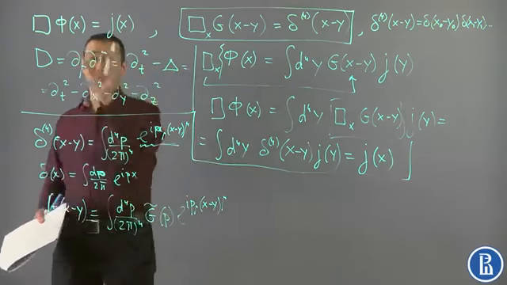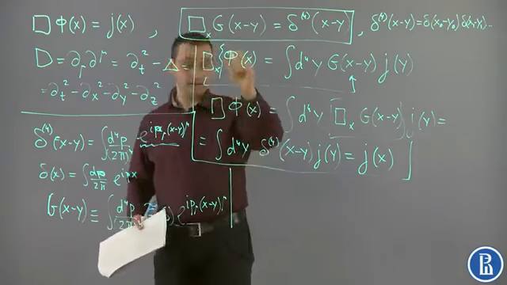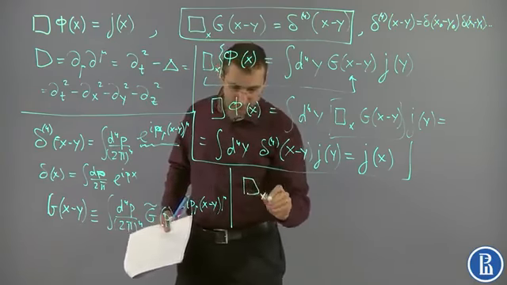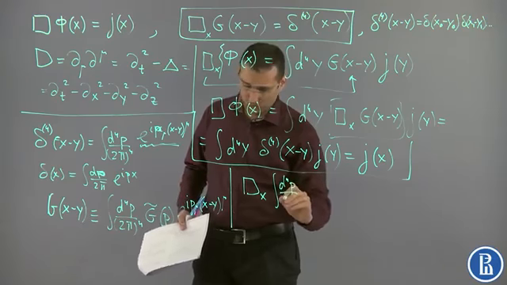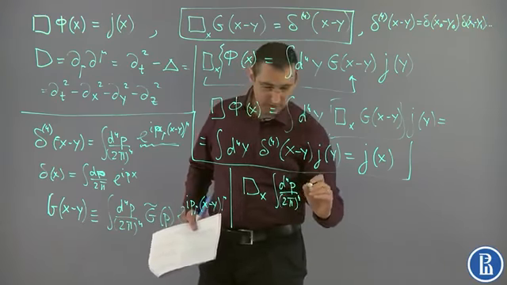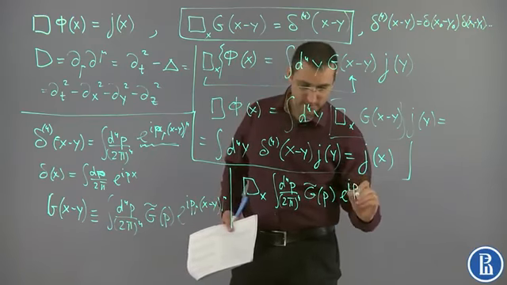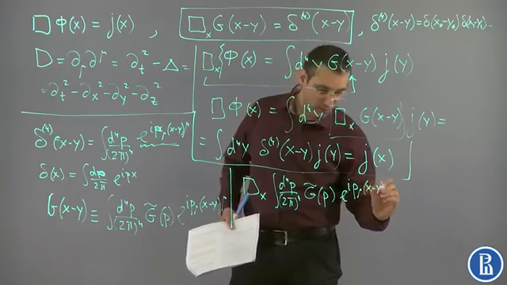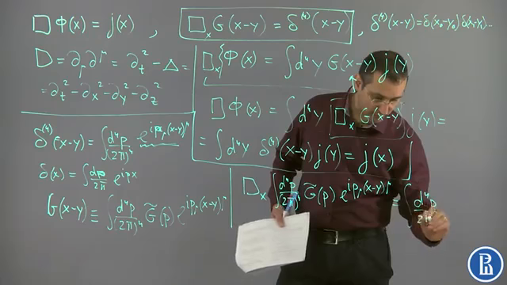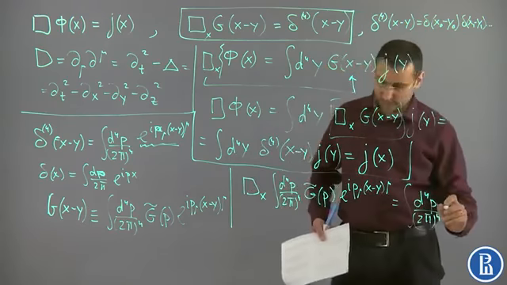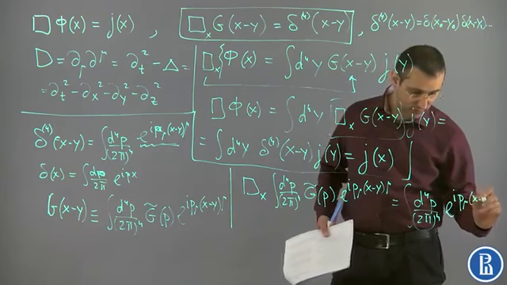Now, plugging this here, this here, and this here, we obtain the following: the D'Alembertian acting on the integral over d4p over 2 pi to the fourth, g twiddle of p, exponent of i p mu x minus y mu, equals the integral over d4p over 2 pi to the fourth, exponent of i p mu x minus y mu.